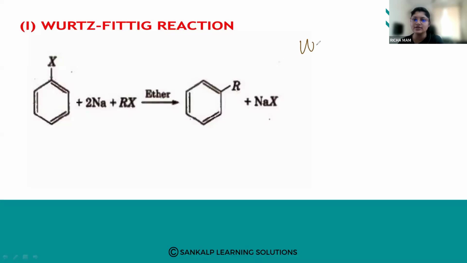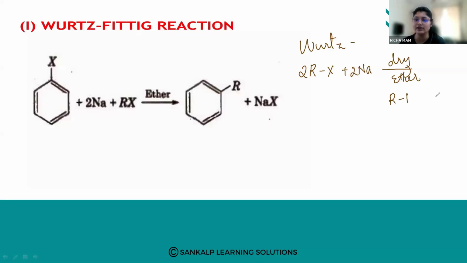Wood's reaction. What is happening in Wood's reaction, students? We have alkyl halides. Two molecules of alkyl halide react with sodium metal in the presence of dry ether.